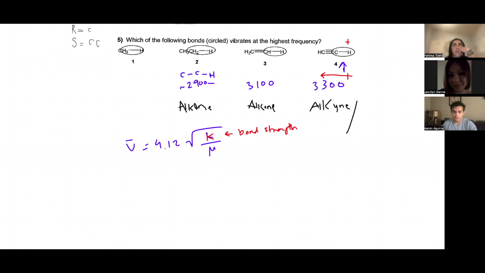So this k will be a small number divided by whatever, and you're going to get a small frequency value. Even without looking at any numbers, you can just sort of gauge that, and it kind of plugs into this.